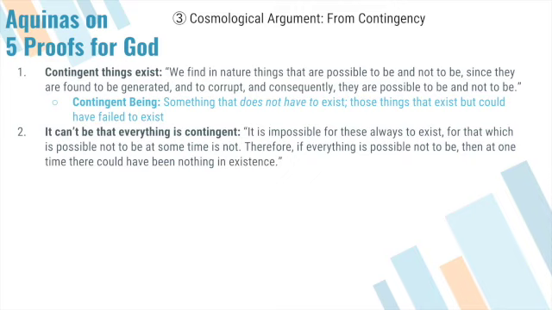So in other words, if absolutely everything that exists is contingent, then nothing would exist, right? Because if there was a time when I did not exist, that means that I'm contingent, which means that something else brought me into existence, namely my parents, right?